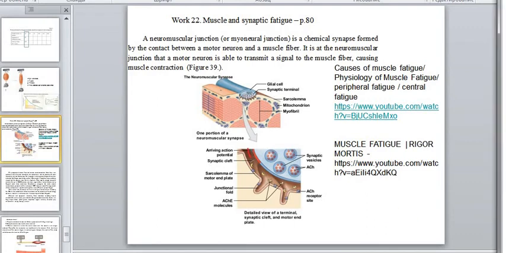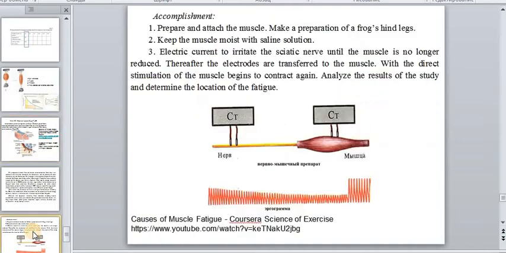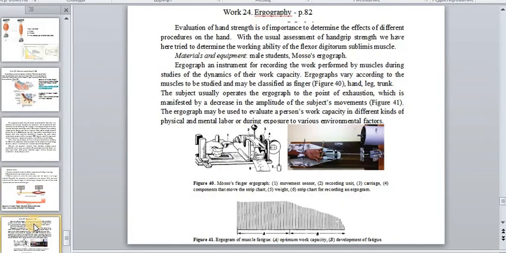And on the slide you see an ergogram. What is this ergogram? Namely, the record of the fatigue process. And I will leave the links, and we will even have the video. Let's watch this video.